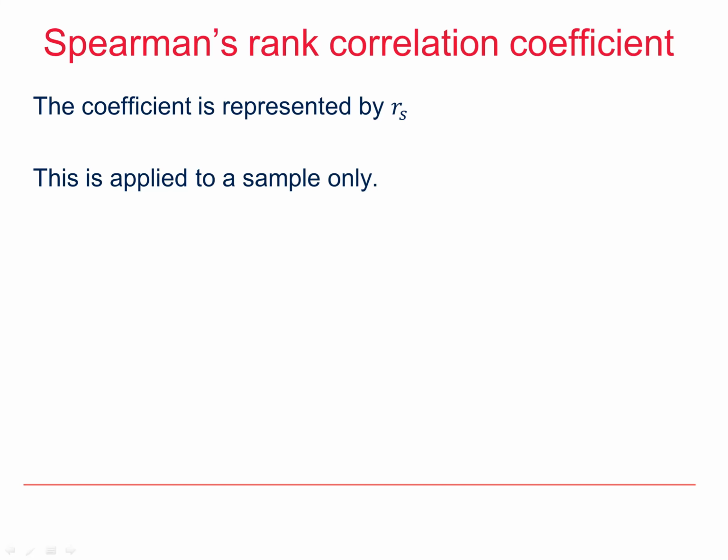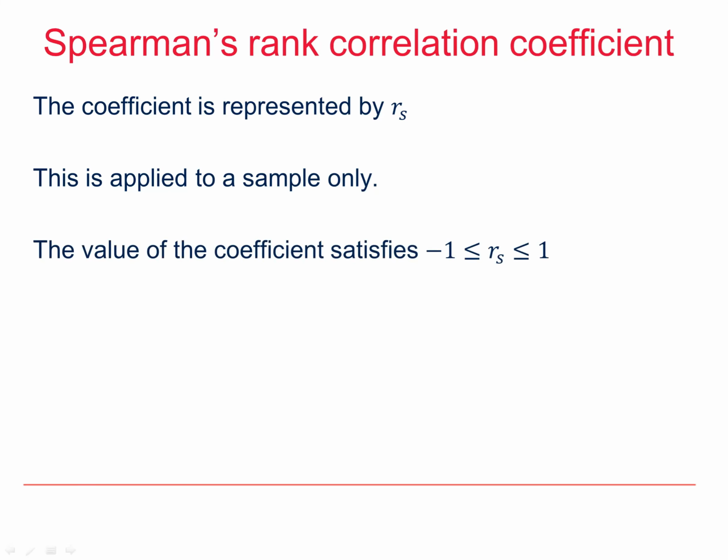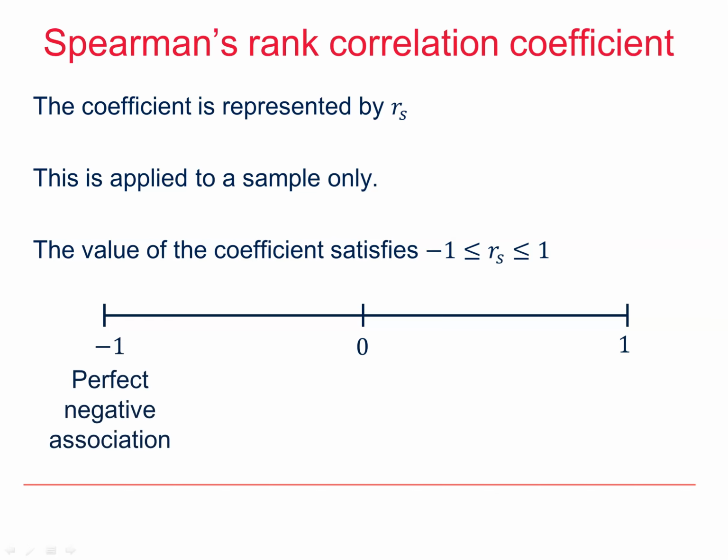As with PMCC, the value of r_s always lies between -1 and 1. And also, corresponding with PMCC, -1 would represent perfect negative association, 0 no association, and 1 perfect positive association.